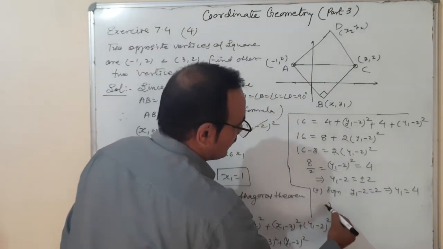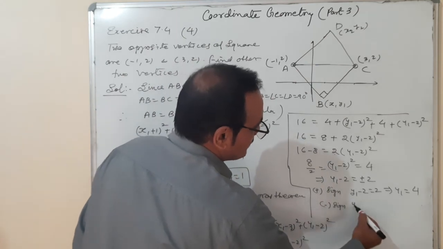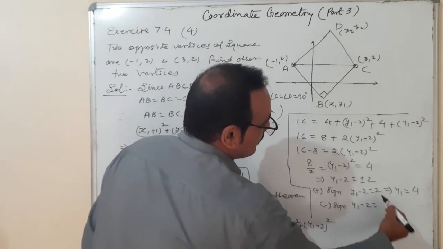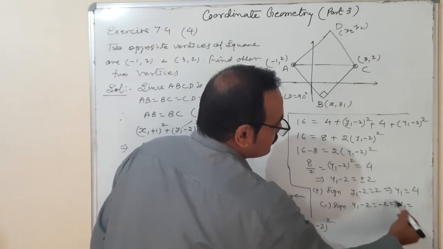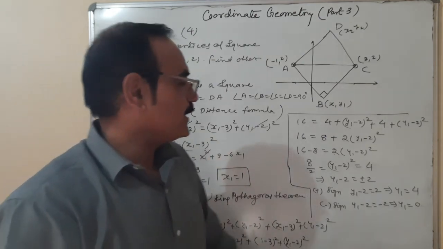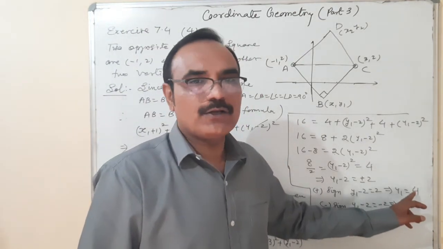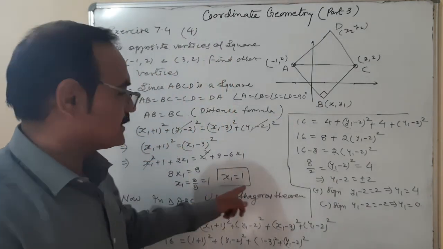Second, I can take the minus sign: y1 minus 2 is equal to minus 2, so y1 is equal to minus 2 plus 2, 0. So I got two values. One value of y1 is 0, the second value of y1 is 4, and the value of x1 is only 1.